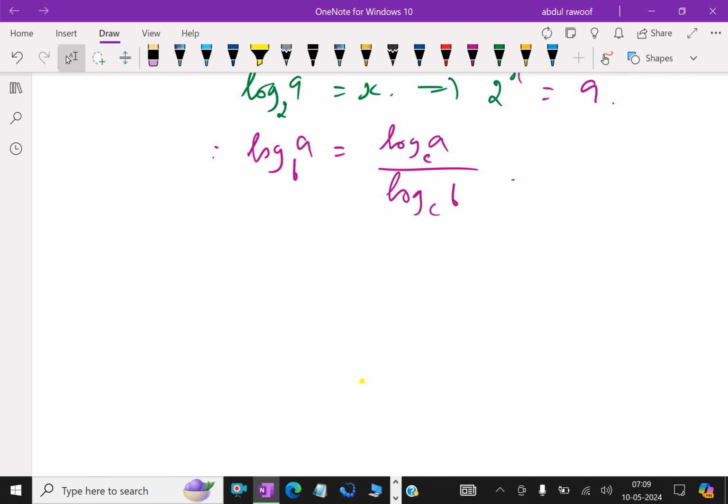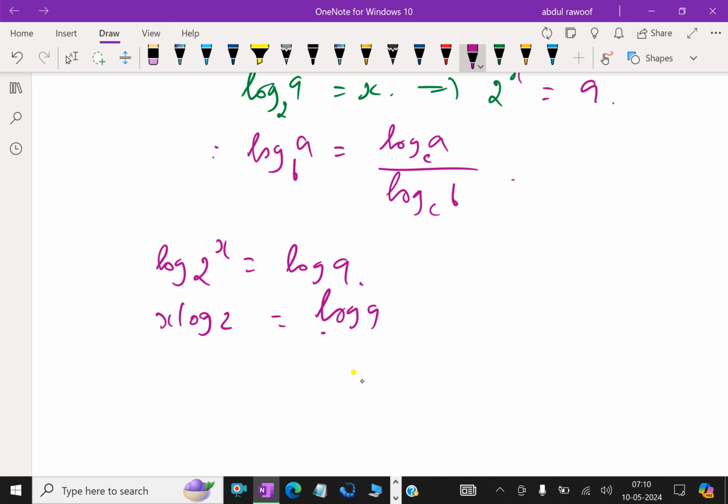Now by using this rule, you can say log of 2 power x equals log 9, then x log 2 equals log 9, so x equals log 9 over log 2.